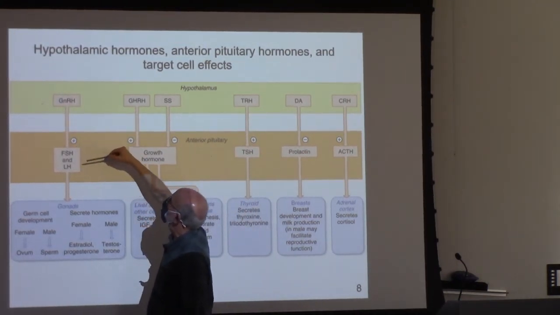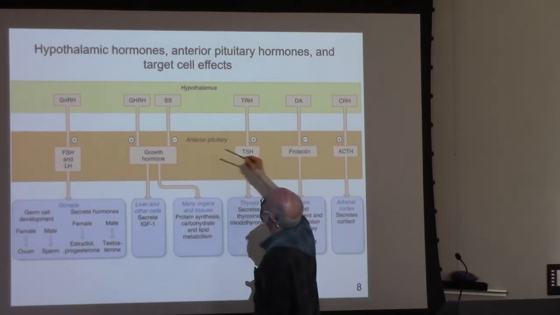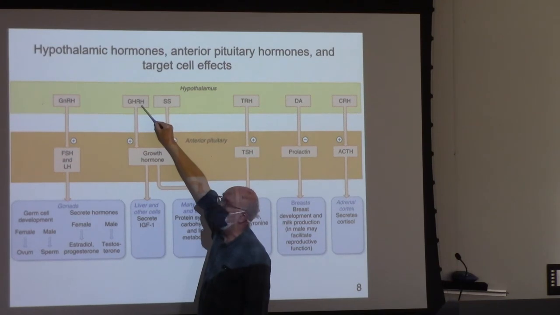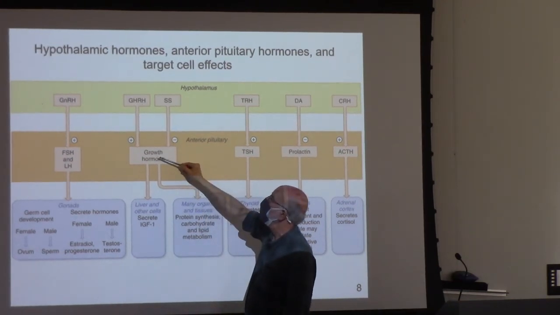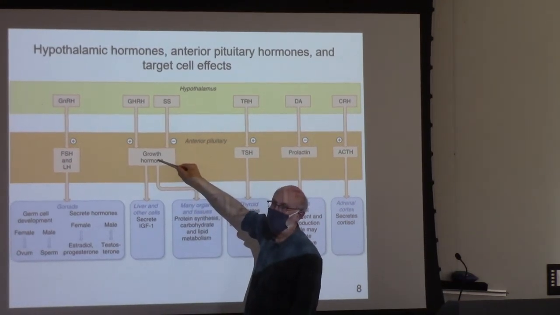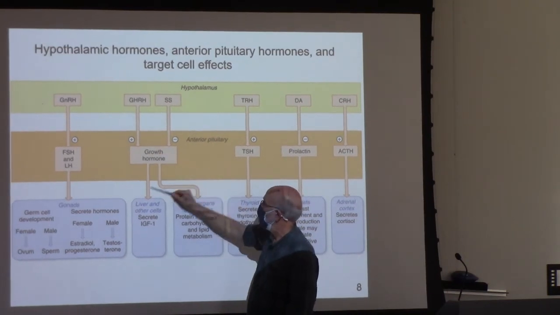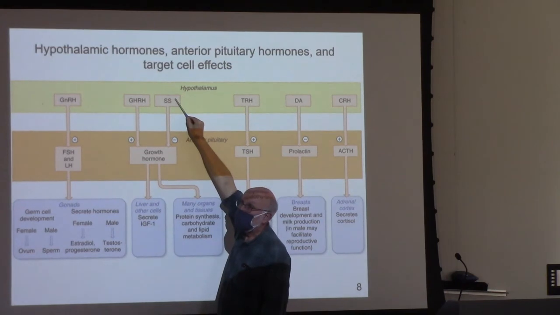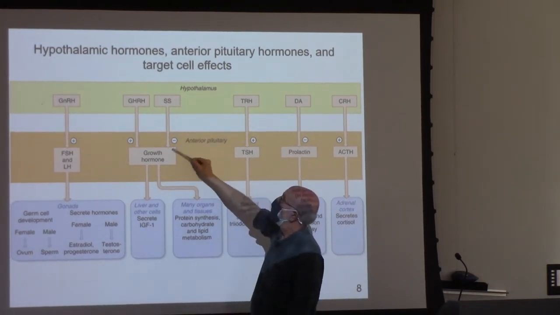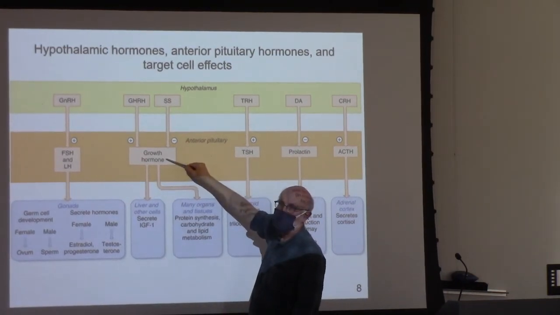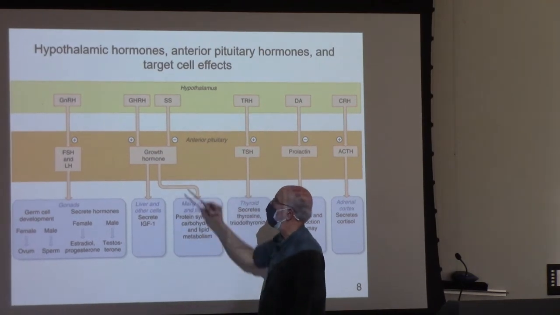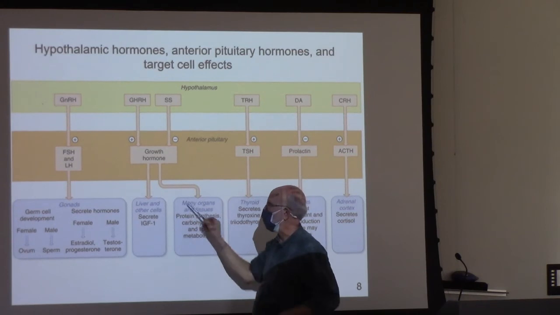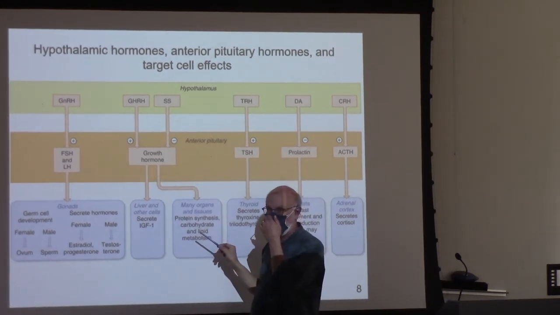GHRH, growth hormone releasing hormone, stimulates the somatotropes to release growth hormone that has many effects. Somatostatin turns off the somatotropes and inhibits the production of growth hormone, and balances the effects in many cells.